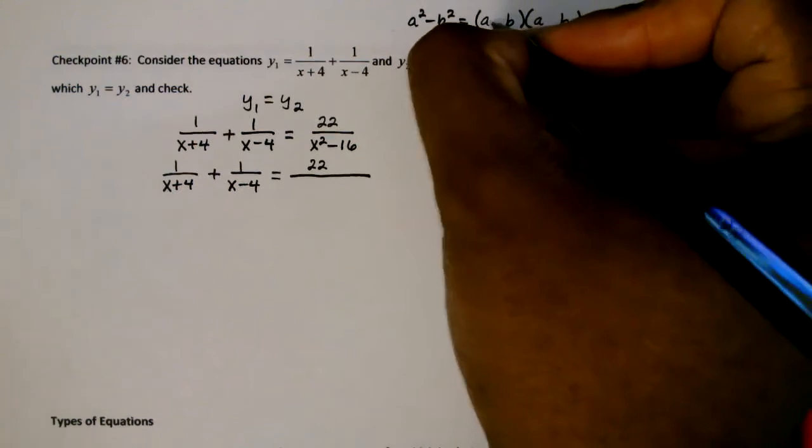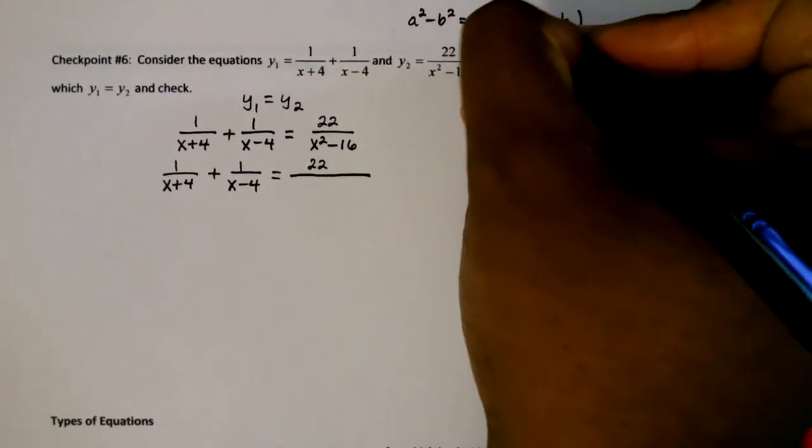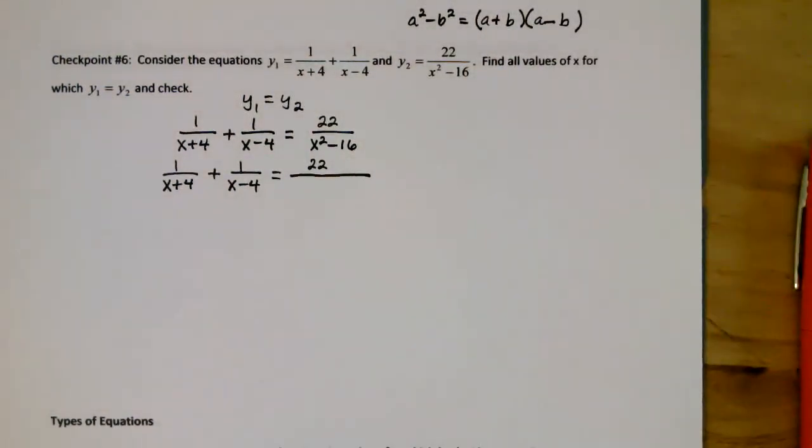Now, one has to be plus, the other one has to be minus. So a squared minus b squared breaks up as a plus b times a minus b. That's just a rule for factoring the differences of perfect squares.